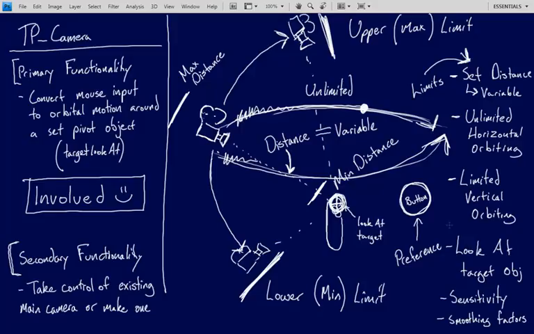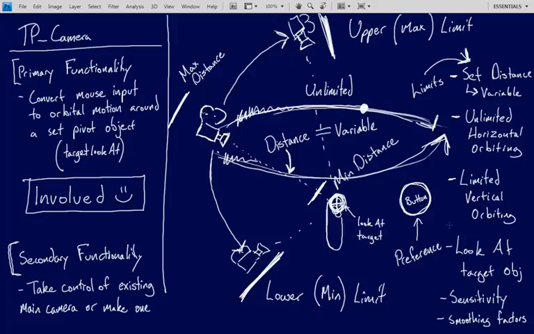Okay, so that's a list of all of our functionality requirements, broken down into a graphical representation, a list of exactly what we need, and of course just covering that basic functionality where TP Camera's main role, its main job in life, is to handle mouse input and convert it into some sort of orbital motion. It's just that orbital motion, as you can see here, has a lot of different factors we're going to be taking into account.